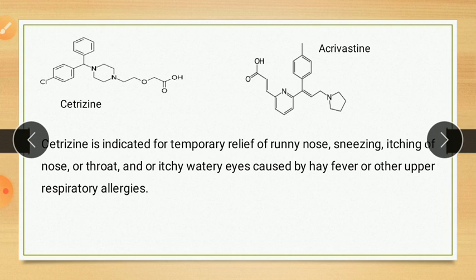So that is about the second generation. In the exam, a short note on second generation, also called non-sedating antihistamines, may be asked. First generation has the side effect of sedation, and other receptors are also affected. To overcome this, second generation was developed. The first second generation drugs were astemizole and terfenadine.